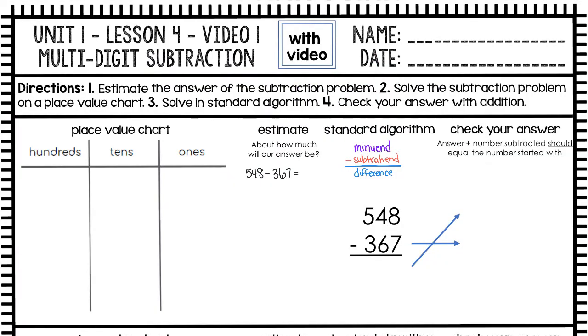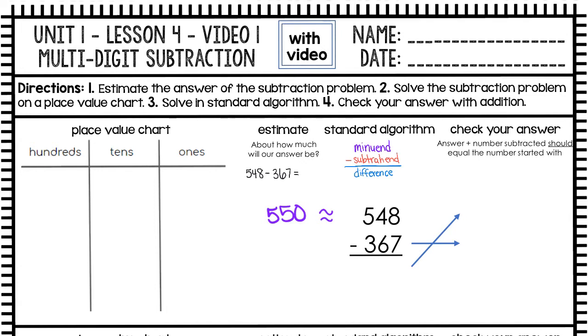To begin, we're going to start by estimating the answer to our subtraction problem. About how much will our answer be? So we can look, 548 is about 550. So I'm going to write 550 is about, this is the sign for about, 548.